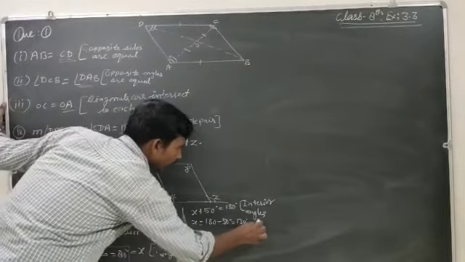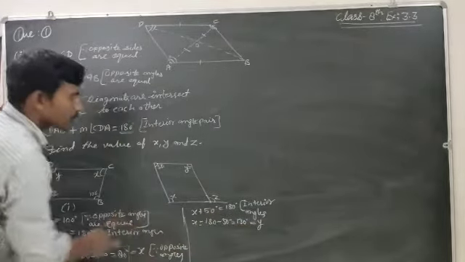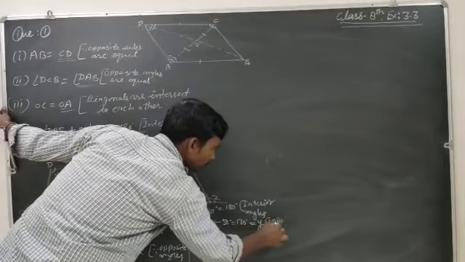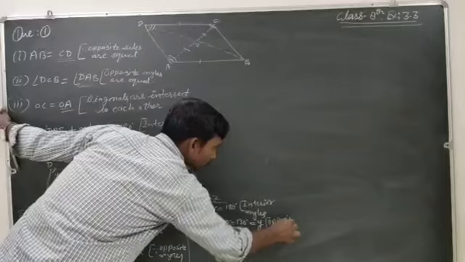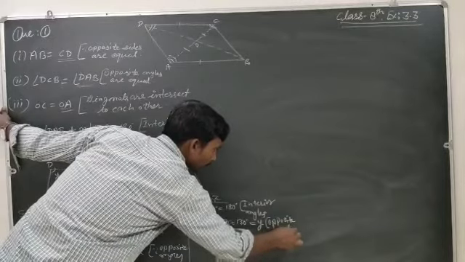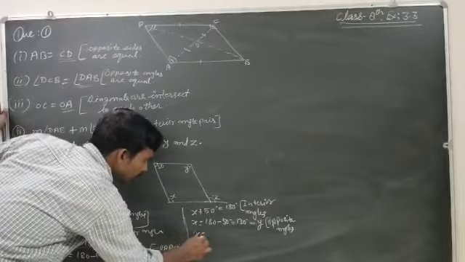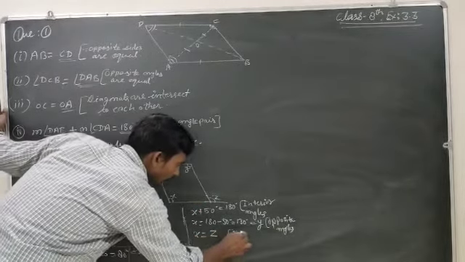X equals y. X and y are also equal, because opposite angles. And z equals x.